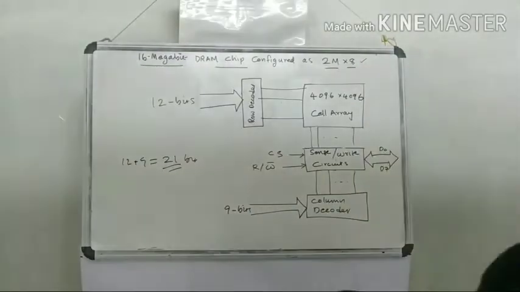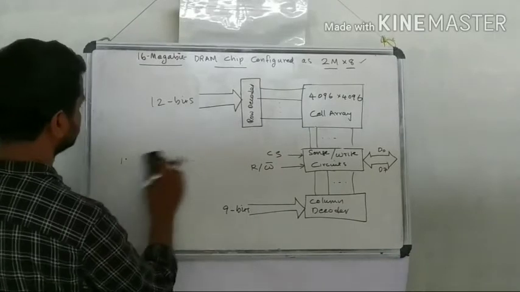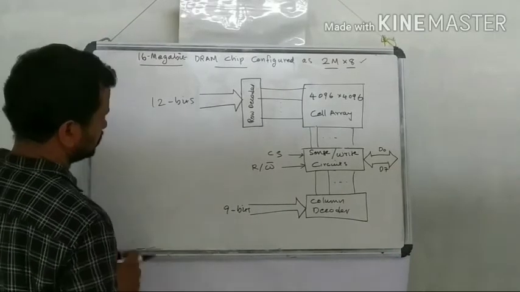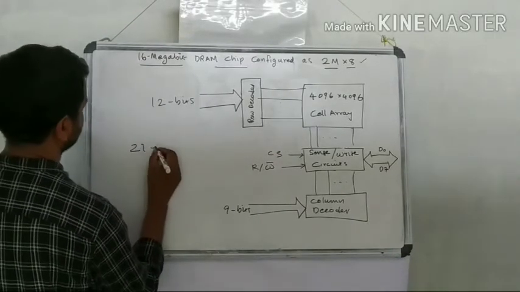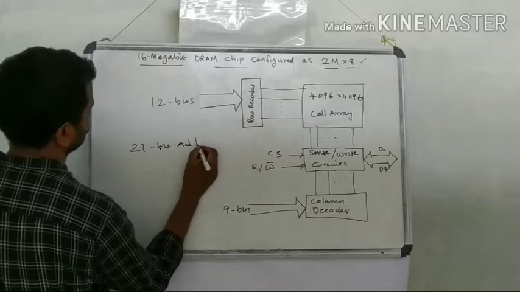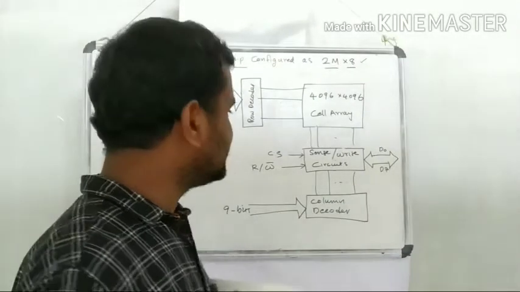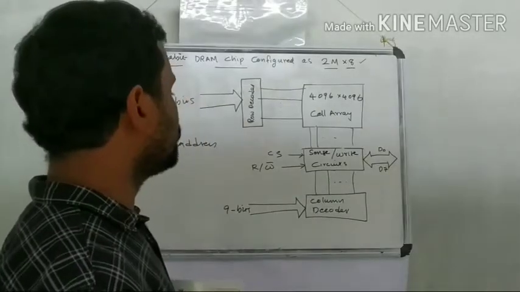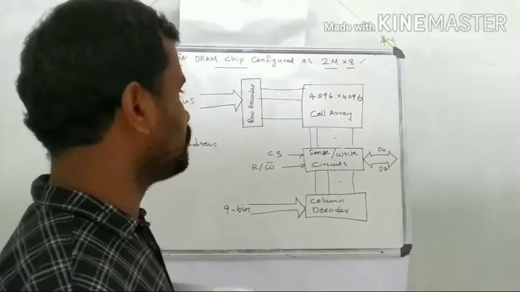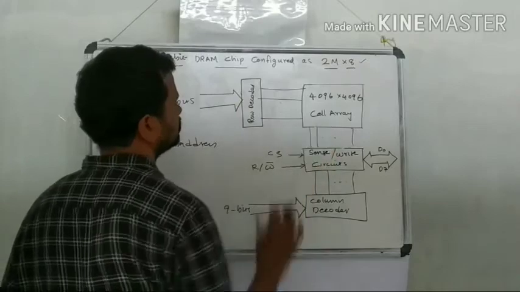So a total 21 bit address is required for reading or writing one byte of information in this example.